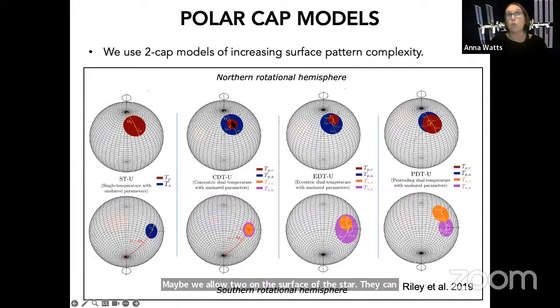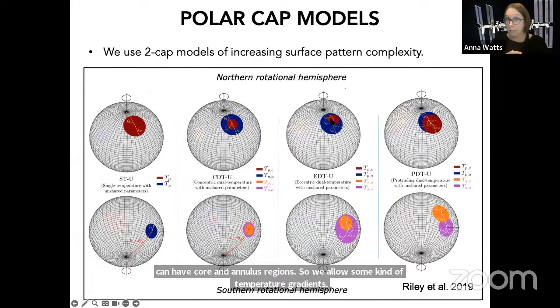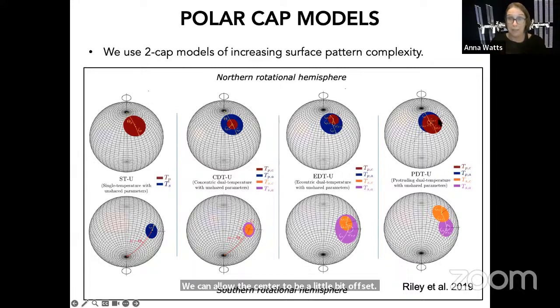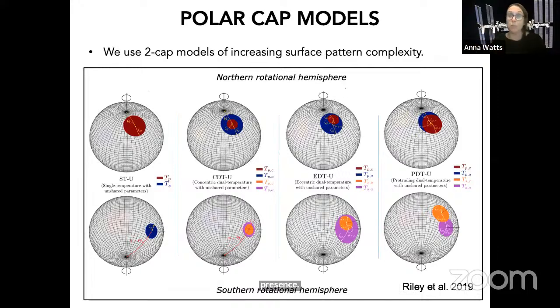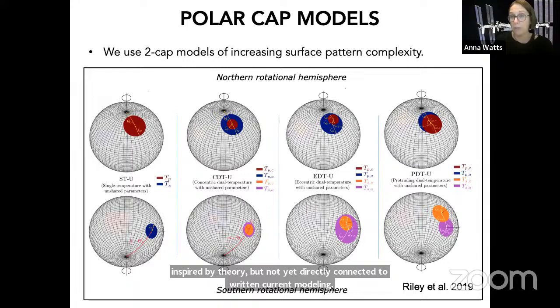We can have core and annulus regions, so we allow some kind of temperature gradients. We can allow the center to be a little bit offset, or we can even allow them to overlap to form shapes like crescents. So we build up these various possibilities, informed and inspired by theory, but not yet directly connected to return current modeling. And then we have these broad parameterized models, and we use these.